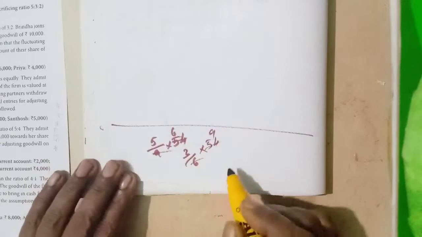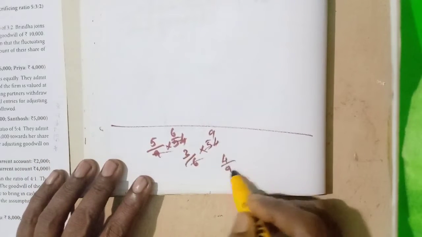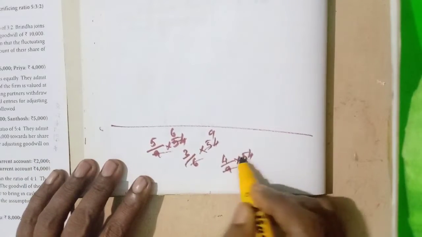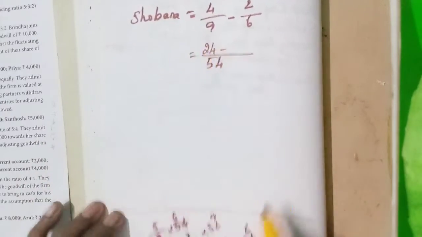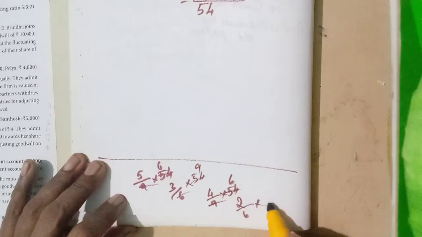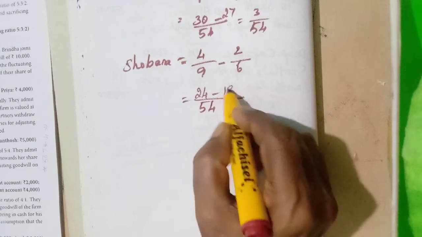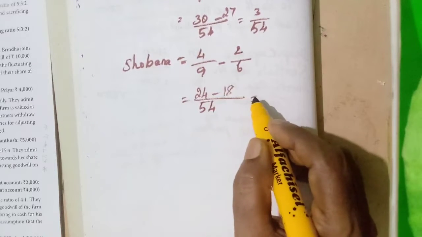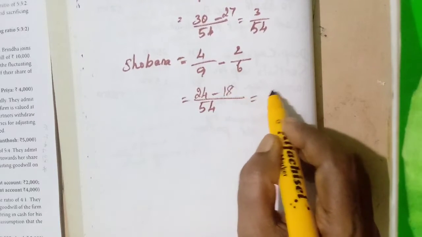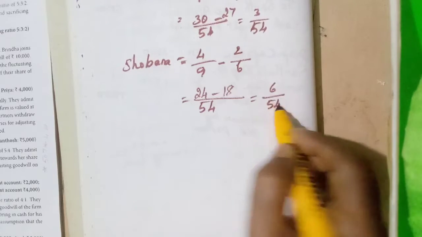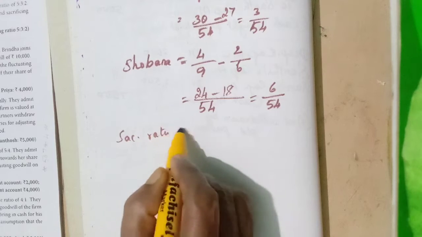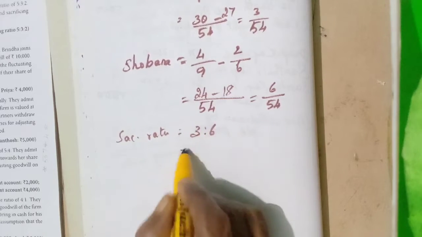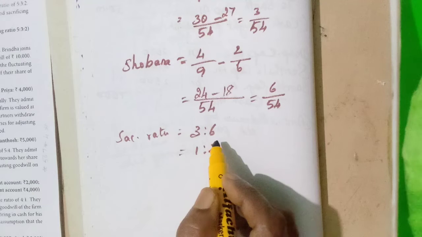Now the working: 4/9 into 54, 6, 6 4s are 24, minus 2/6 into LCM, 9, 2 9s are 18. 24 minus 18, 6. 6/54. So the sacrificing ratio is equal to 3:6. We can simplify to 1:2.